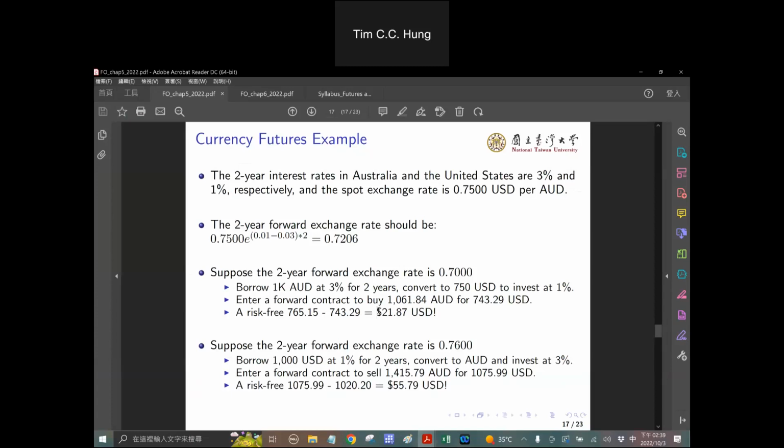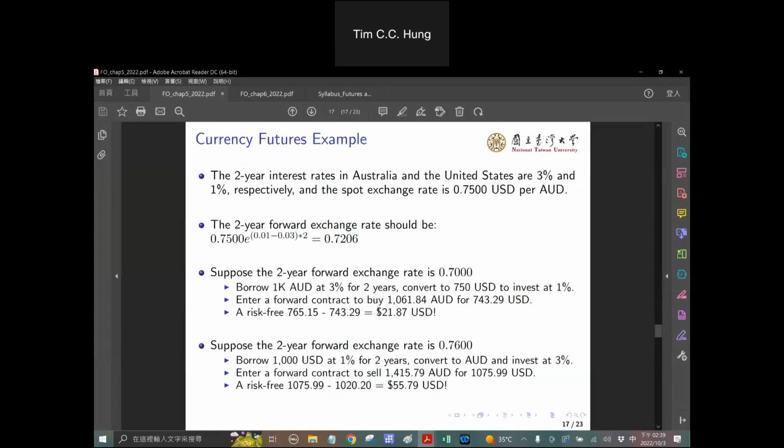That's why we want to get prepared, and through our calculation, we know that we need to prepare 743.29 US dollars to buy this amount through this mispriced forward exchange rate. And then our original investment will also grow from $750 to $765.15. At the end, we end up with some extra value.